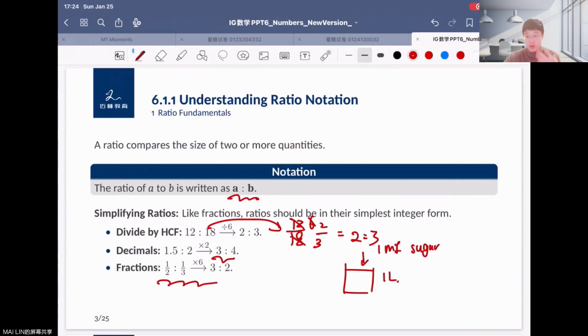If you want to make another cup, so maybe you have 2 liters of milk tea, you have to add 2 milliliters of sugar, right? You have to keep them in a proportional relationship. It's 1 milliliter over 1 liter, which equals 2 milliliters versus 2 liters, right? So with this understanding, I guess you can understand what I'm saying.